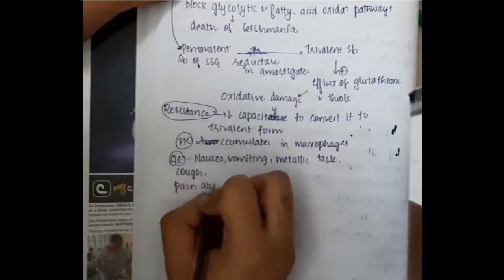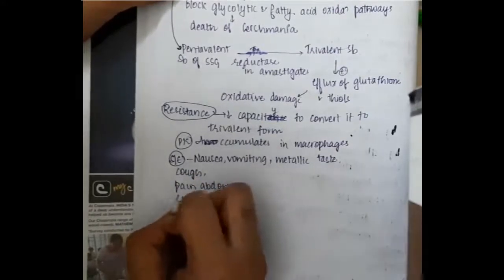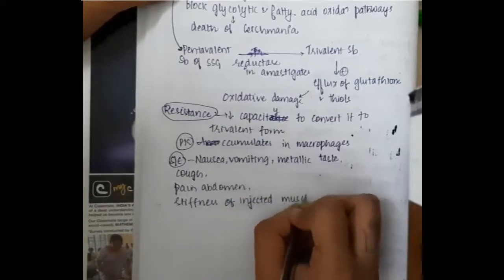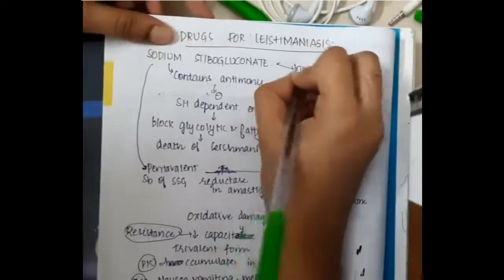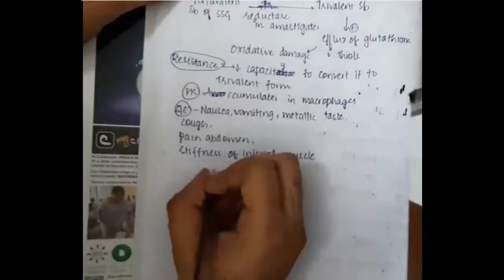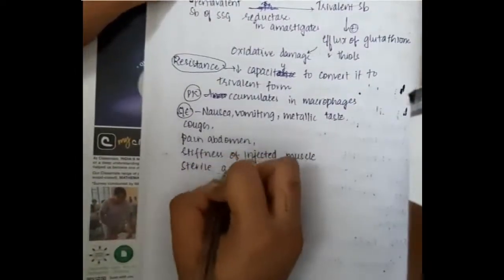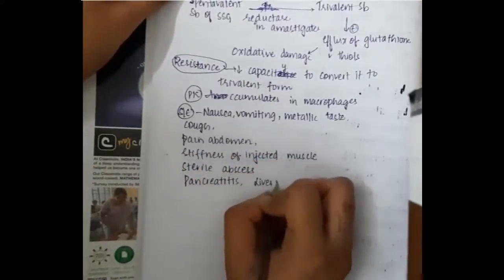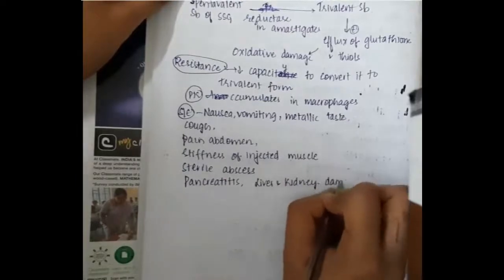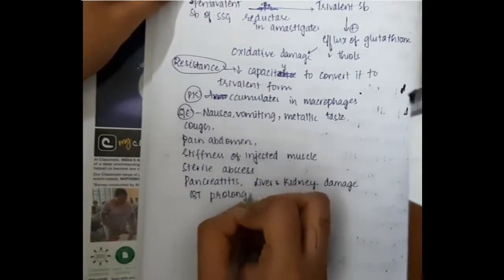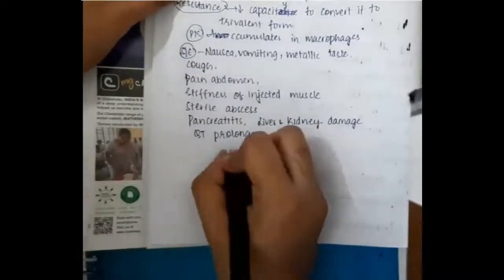It also causes stiffness of the injected muscle, because it is given in injected form, and a sterile abscess. It also causes pancreatitis, liver damage and QT prolongation.